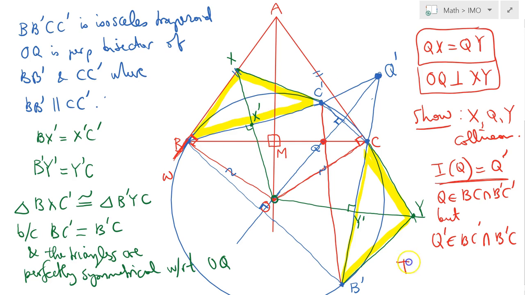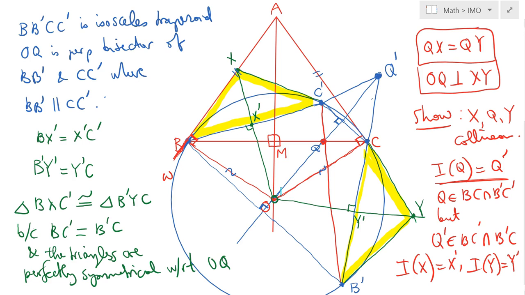As a result, we can clearly say that the inverse of X is X prime. In a similar way, the inverse of Y, by the same reasoning, is equal to Y prime. Finally, observe that angle OX prime Q prime is 90 degrees, and as well as Q prime Y prime O is also 90 degrees. So these 4 points are in fact concyclic. So the points Q prime, X prime, O, and Y prime are concyclic points.